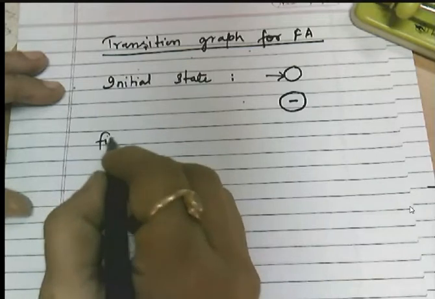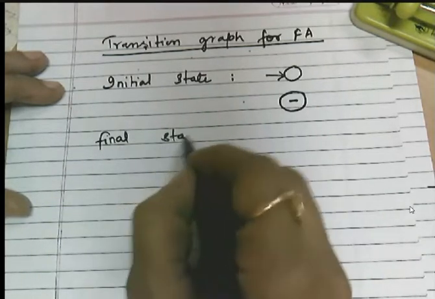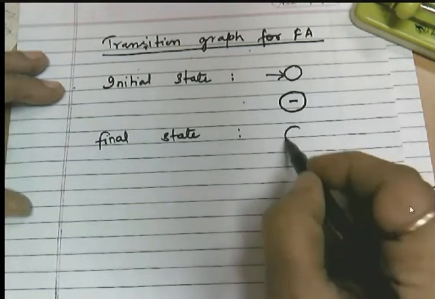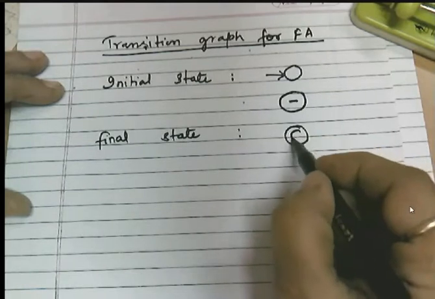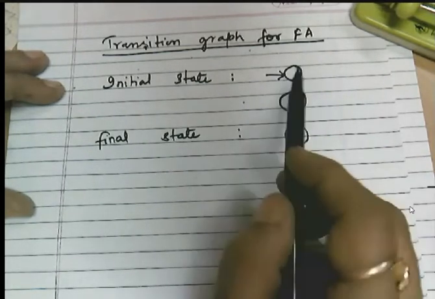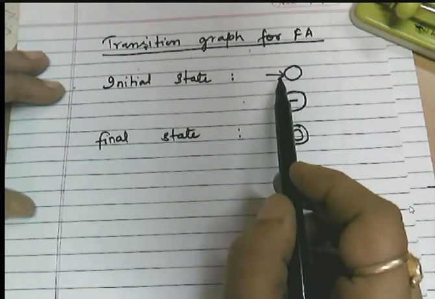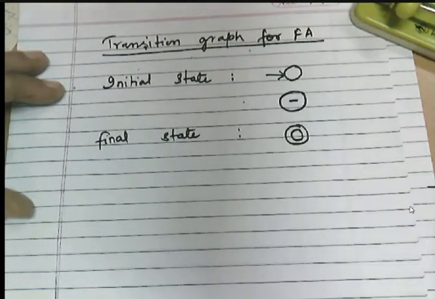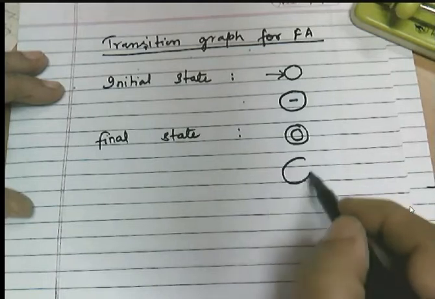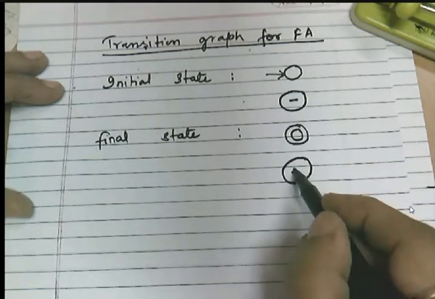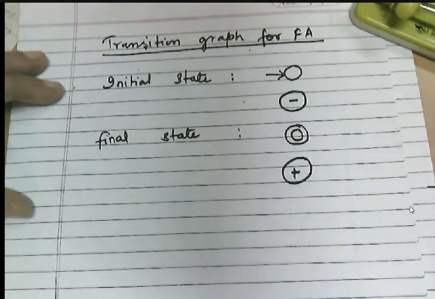Second is the final state, which is represented by a double circle. So the initial state will always have an incoming edge with an arrow. Another notation is plus.